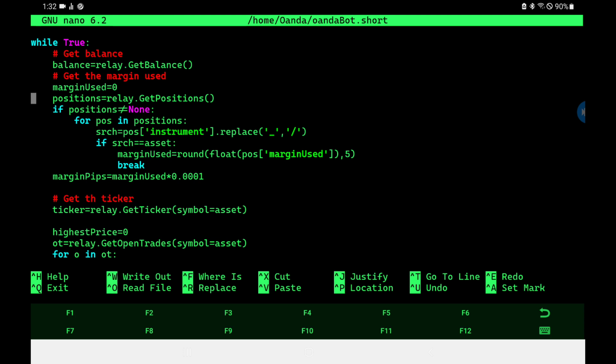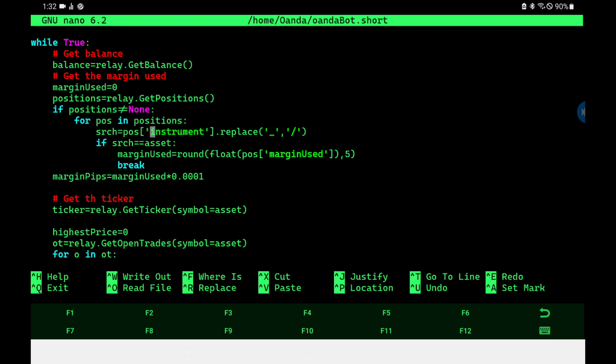So Oanda provides the positions, which we already know from the previous library we've worked with. Now, if there's no position, then that means we don't have any margin used yet. Nice and simple, we sold off, so we don't want to worry about doing any advanced math.